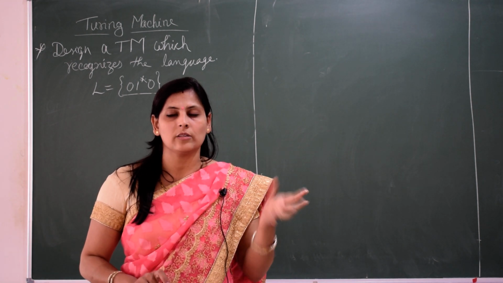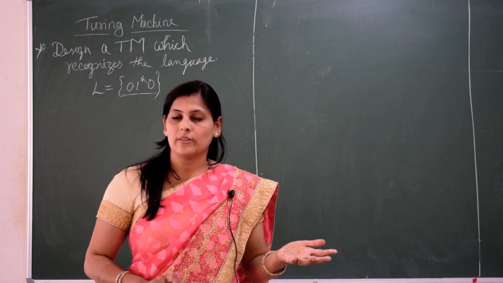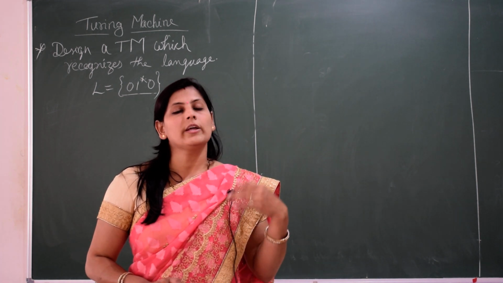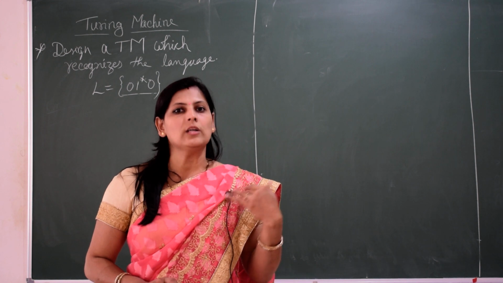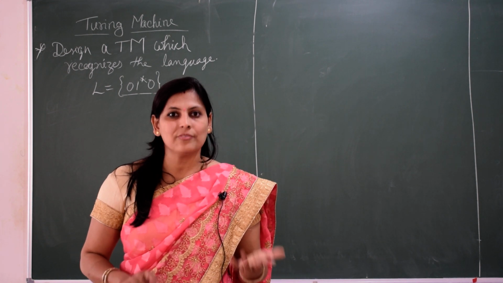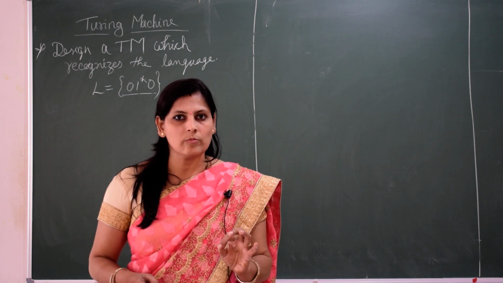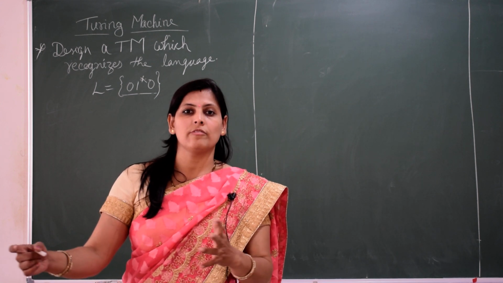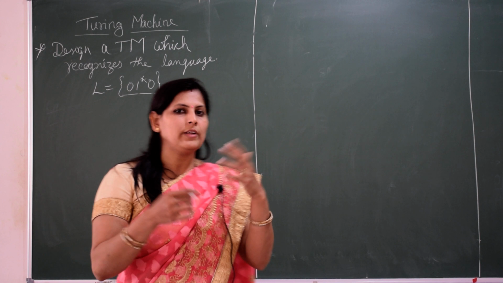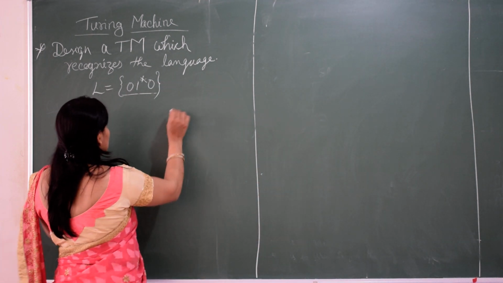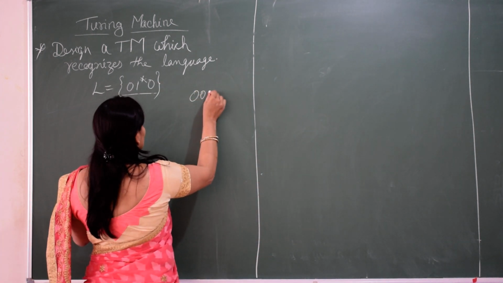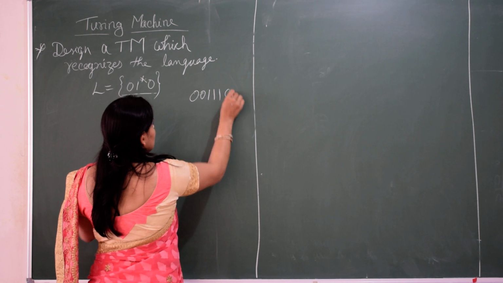Any other string means what? Any string, if it starts with 1 or ends with 1, or in between, apart from n number of ones, if any 0 comes, like for example we have 0, 1, 1, 1, 0, 0.